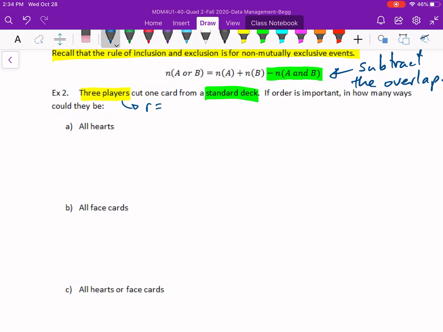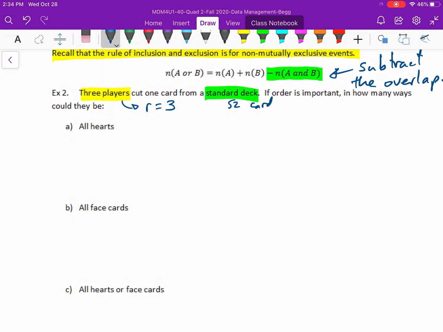That's how many cards are being chosen. And we assume that they're not putting them back in. They're not returning them to the deck. So r is going to equal 3. How many ways could there be all hearts? Well, there are 13 hearts in a deck of cards. There are 52 cards altogether.